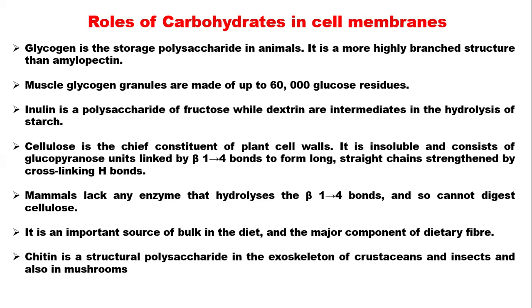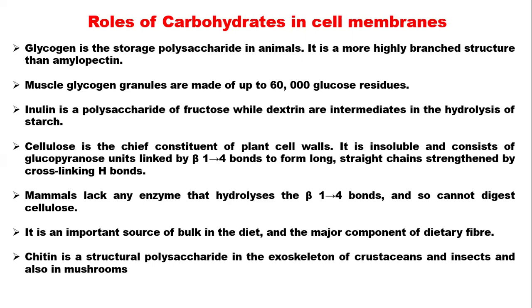So if I ask you what type of glycosidic bond is found in cellulose, it is the beta-1,4 bond, while in starch you have alpha-1,4 linkage.